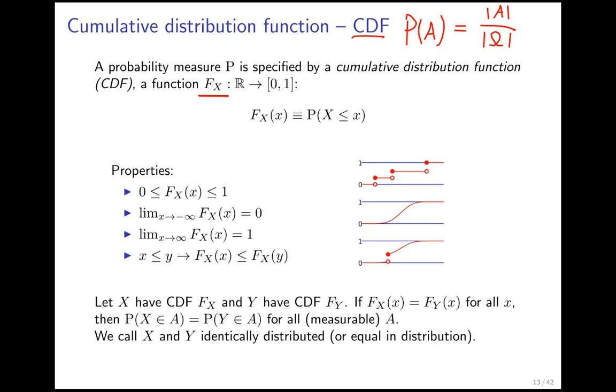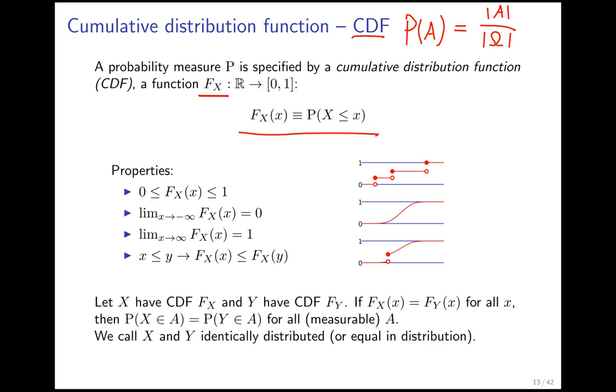And as you may know, probabilities lie between 0 and 1, and that's why we have the following relation. So the output of this CDF corresponds to a very special probability.